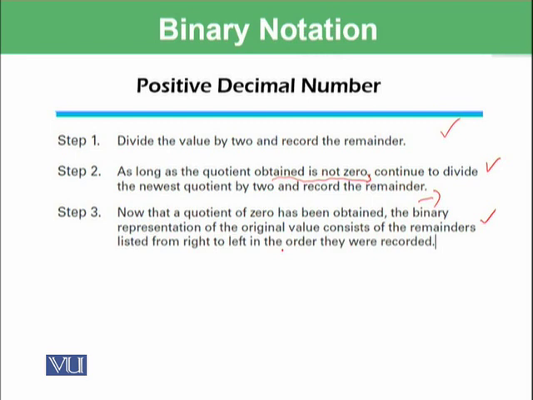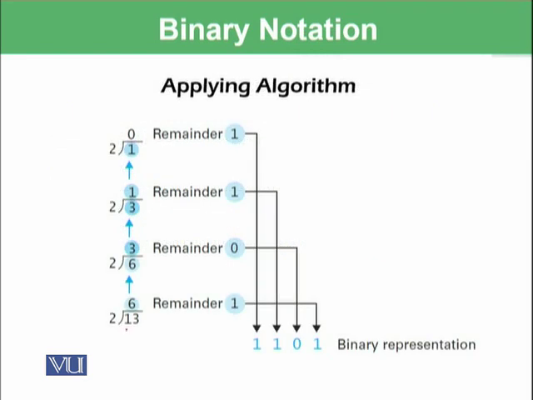Let's see an example. We want to represent 13 in the binary notation. So 13 is a decimal, and we want to display it in a binary notation. We divide 13 by 2. 2 sixes are 12, so 1 is left. This one will go here in the units place.